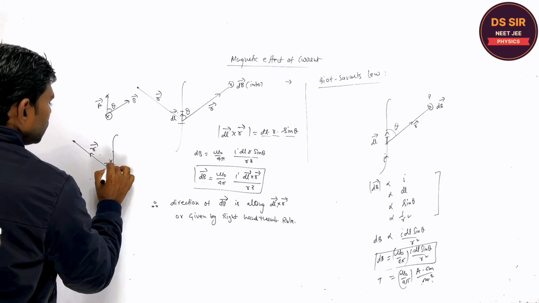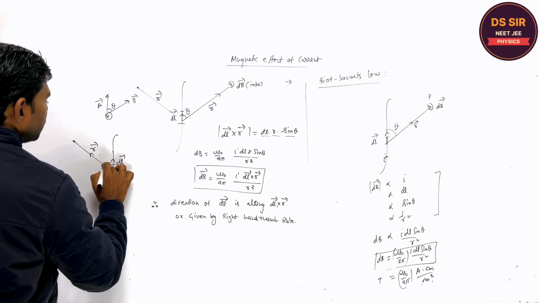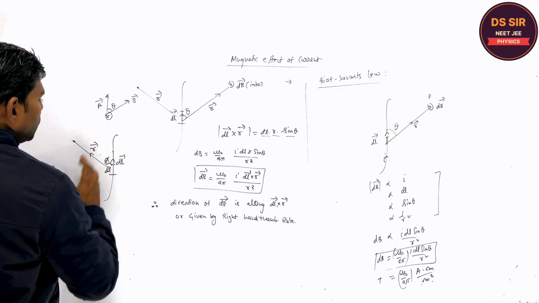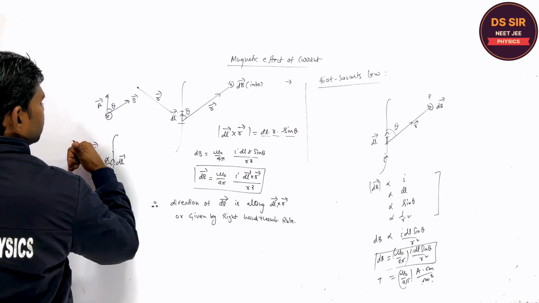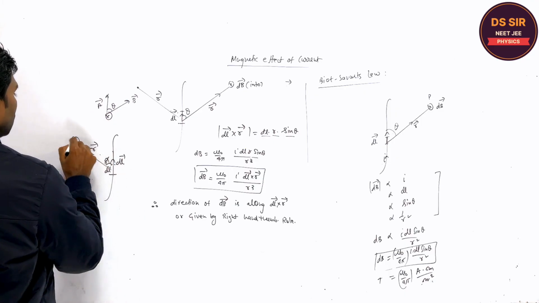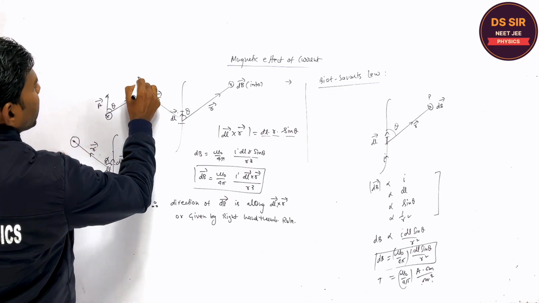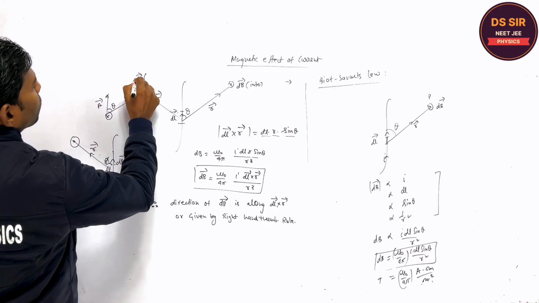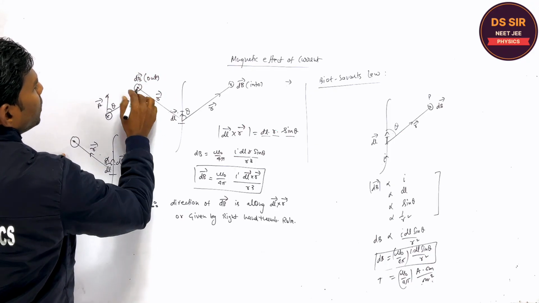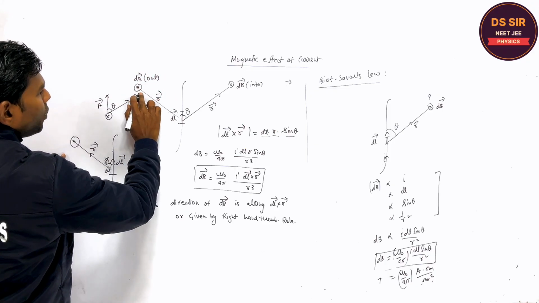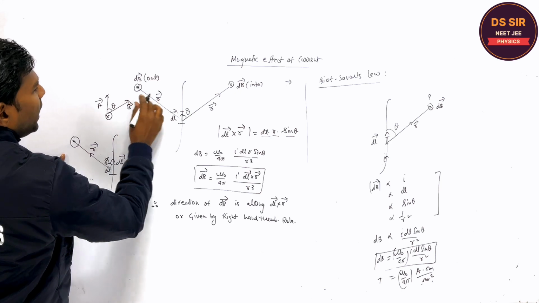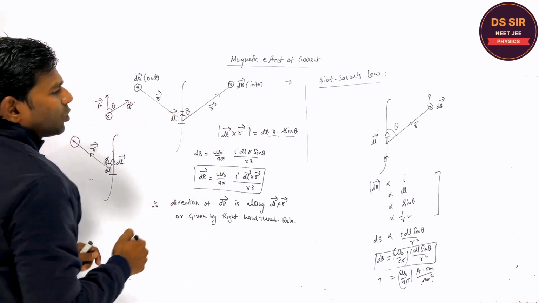So what is the direction of this? This is suppose the alpha. So dl cross r is out of the board. So here on this side the magnetic field will be out of the board, out. So out is represented by dot, fine, and into is represented by cross.